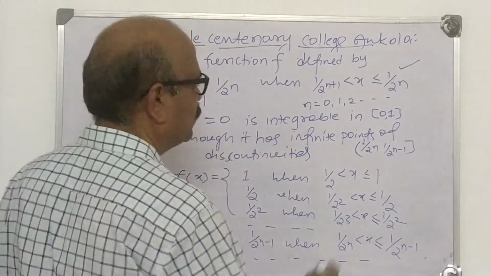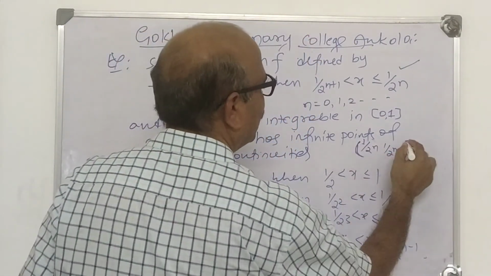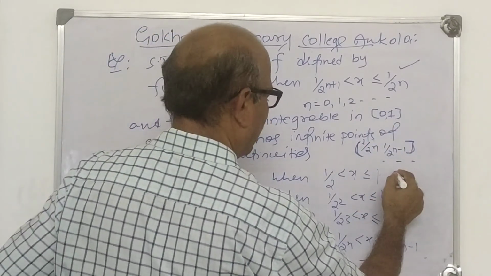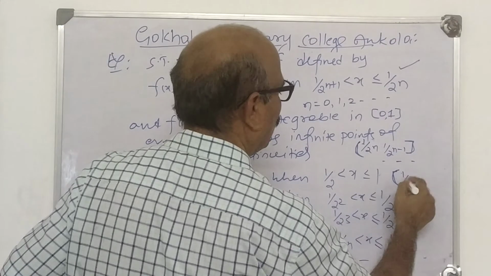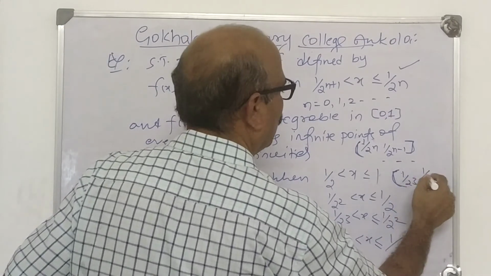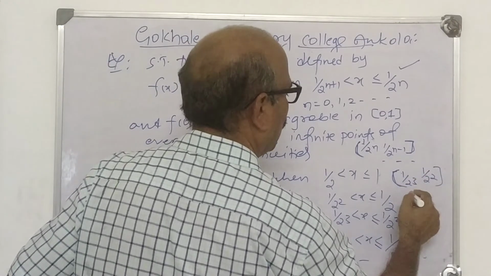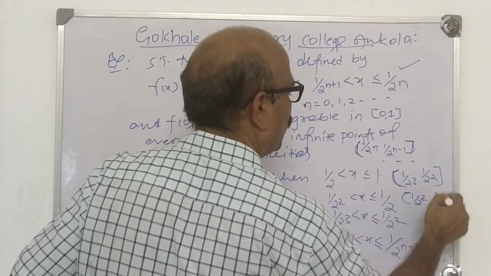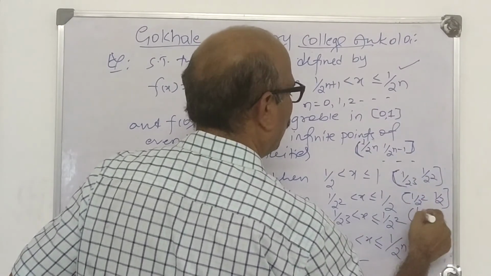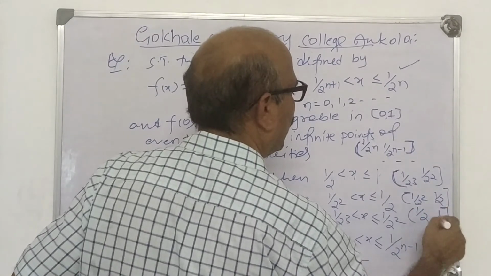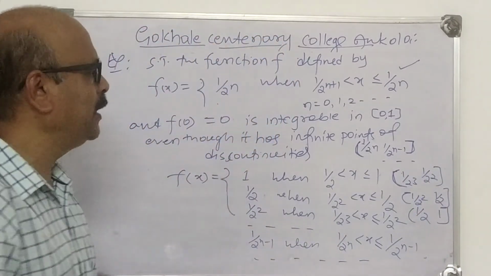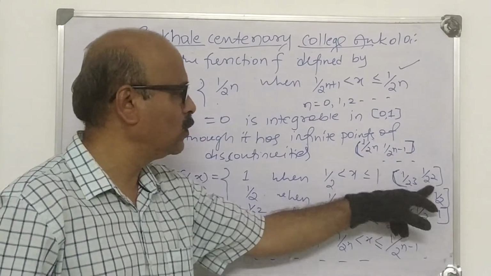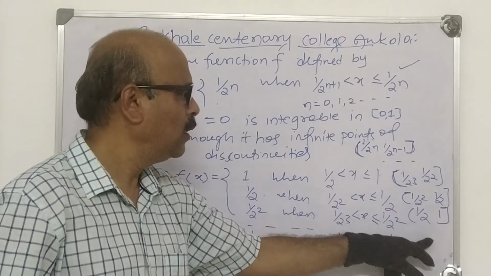See, here it is open, here it is closed, right end is closed. It is 1/2 cube, 1/2 square, then 1/2 square, 1/2, then 1/2, 1. See, these are the intervals.